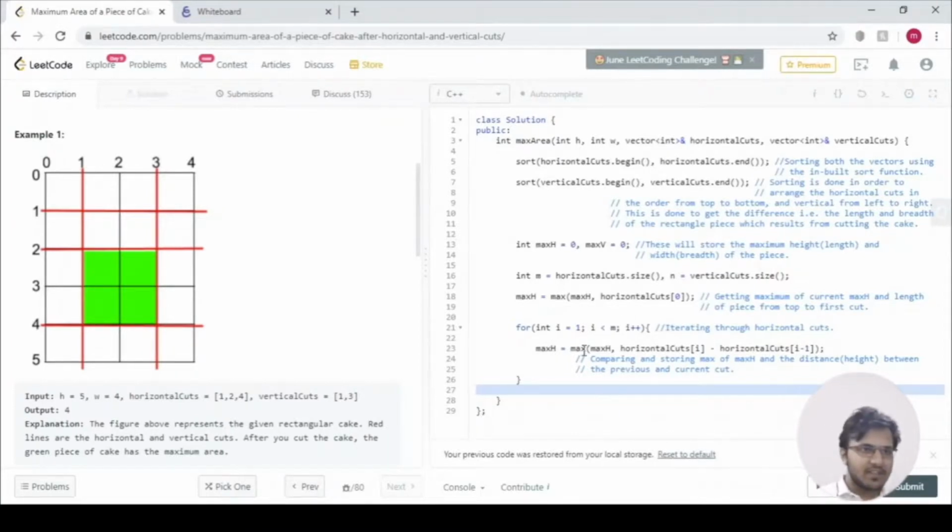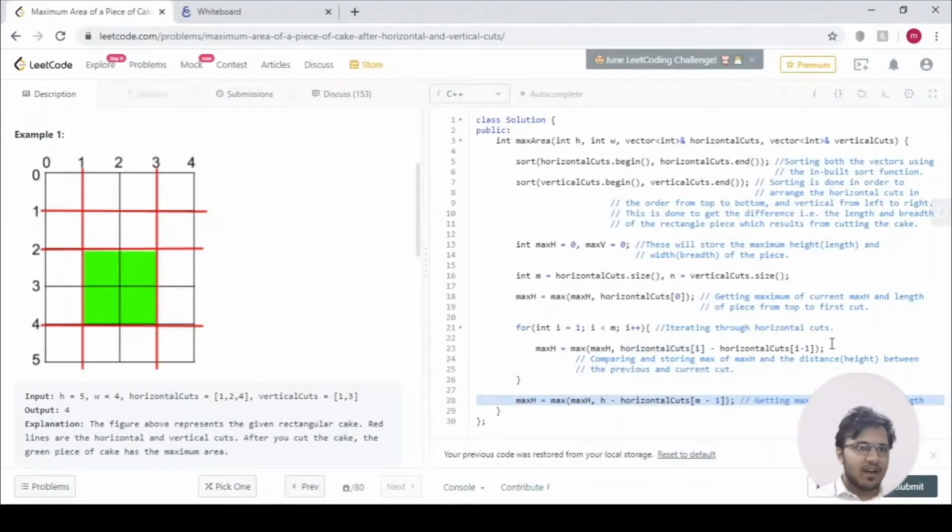So maxH will here store the maximum of horizontalCuts[i] minus horizontalCuts[i-1], that is the next cut minus the previous cut. So these will give the differences, and then after iterating the array, we will store the last cut, that is the total height of the cake minus the last horizontal cut. That would be the last piece here.